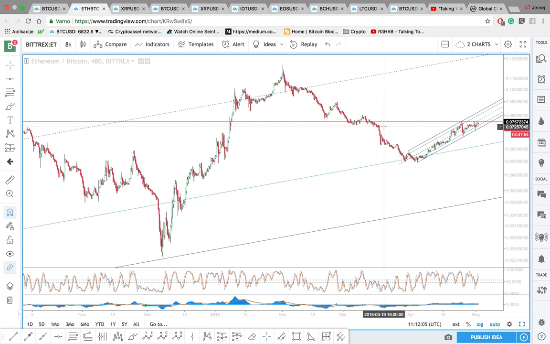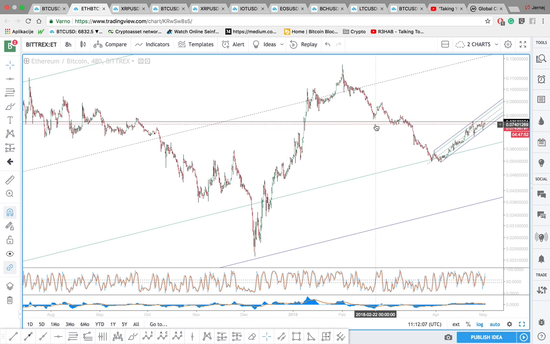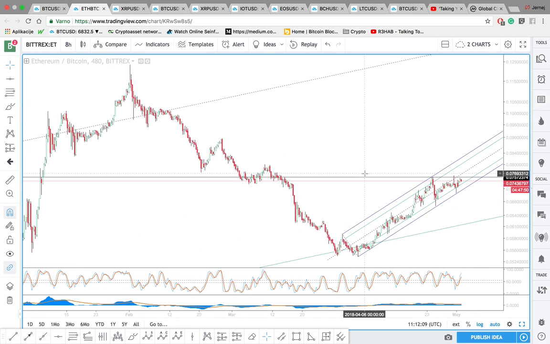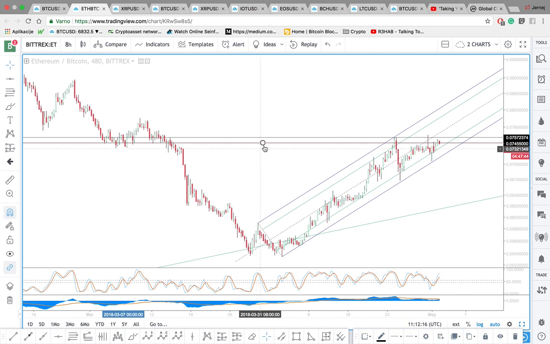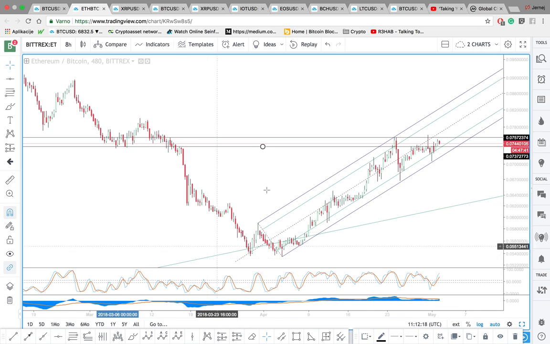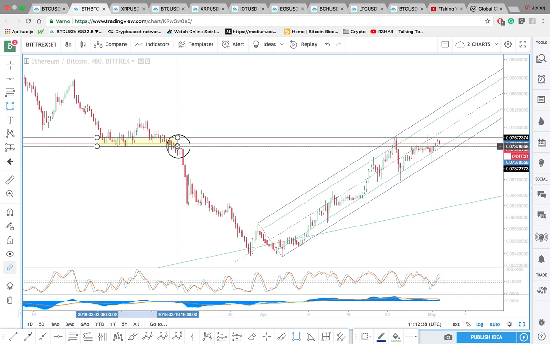So this area here, and of course this is not exact science, but if you look at this, this kind of is the whole area here. It looks like a resistance if you look at this channel from here, right? You see this. So from this we can say, okay, this is kind of like a resistance.